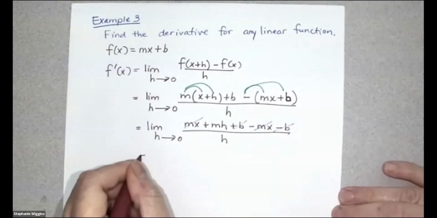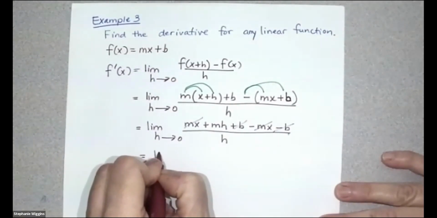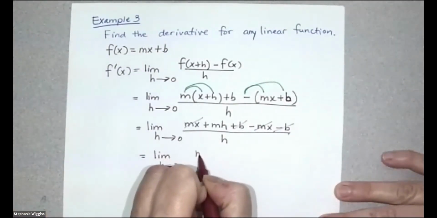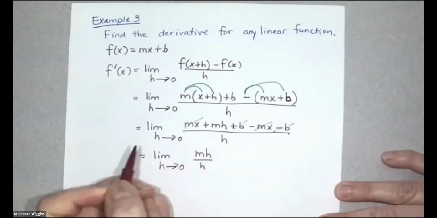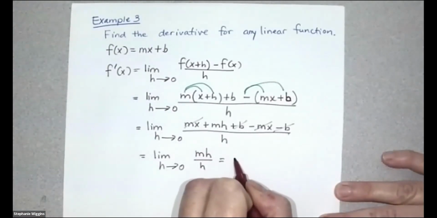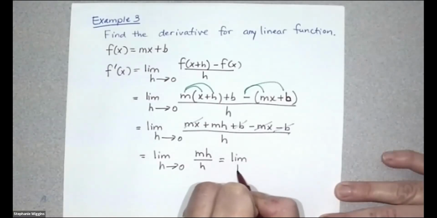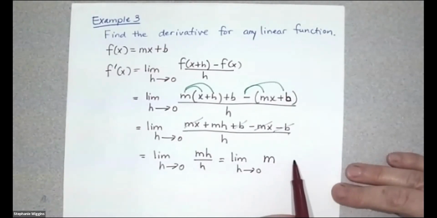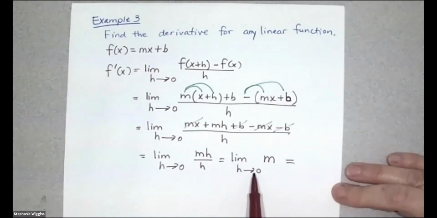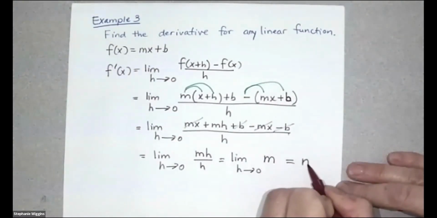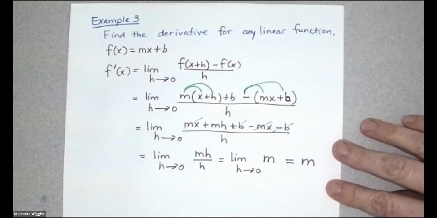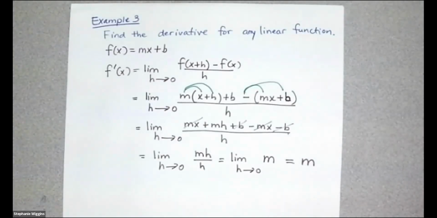And that's what we want, because now we're looking for the limit as h approaches 0 of mh divided by h, which is just plain old the limit as h approaches 0 of m. But for a constant function, the limit is the constant, right? So it turns out that the derivative for any linear function is its slope.